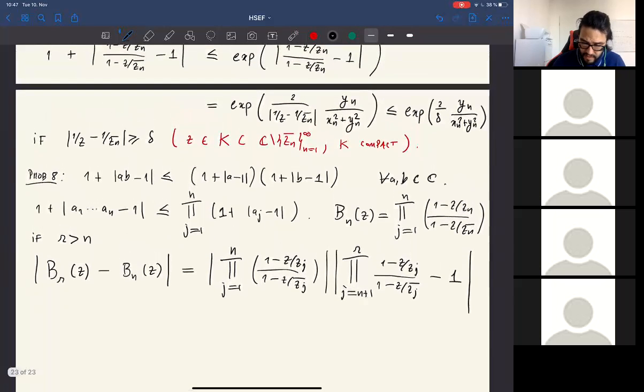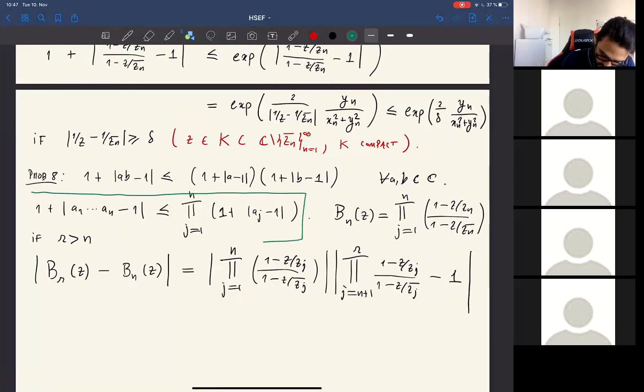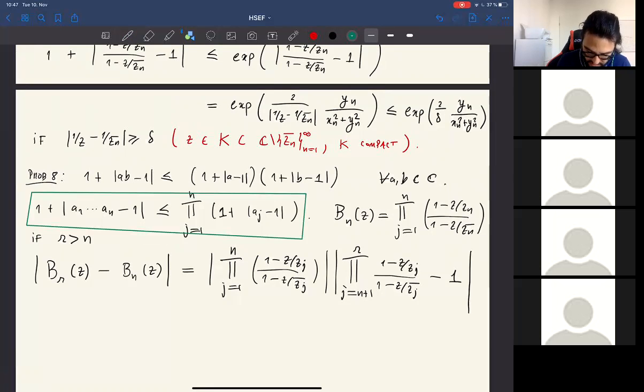Now we have here the shape of this little result that I put here. Maybe I should do this. Oh, that looks ugly. I'll leave it. So we have this little result here, and so let's apply it.